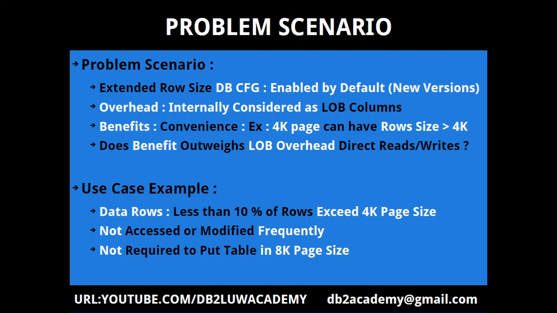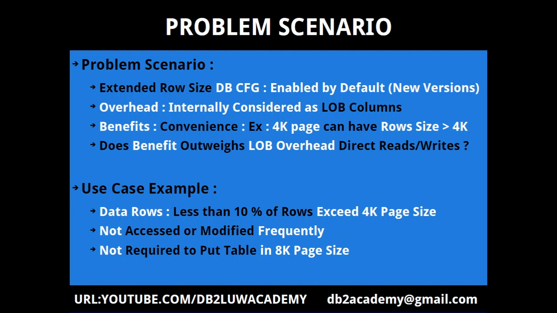If those rows are really fewer than, say, 10% of the rows, and 10% is just a random number I'm throwing out, it could be anything. But definitely if it is really small compared to the total volume of records, it helps a lot. And it should not be accessed or modified frequently, obviously because of the LOB overhead.